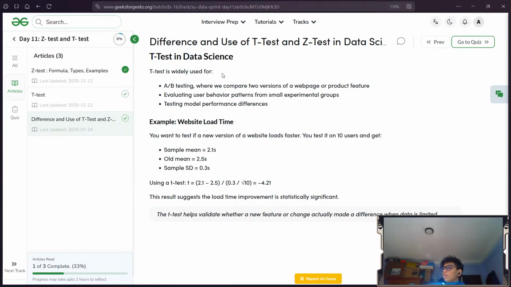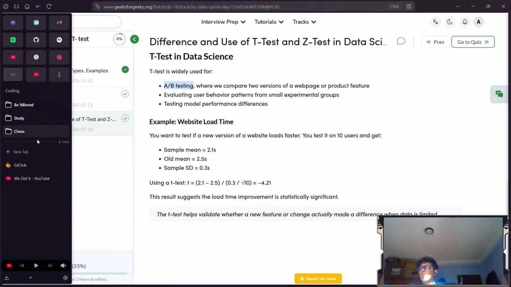T-test is widely used for A/B testing, alpha beta testing. No, not alpha beta testing. Or is it called alpha beta testing? Why do I always want to call this alpha and beta?